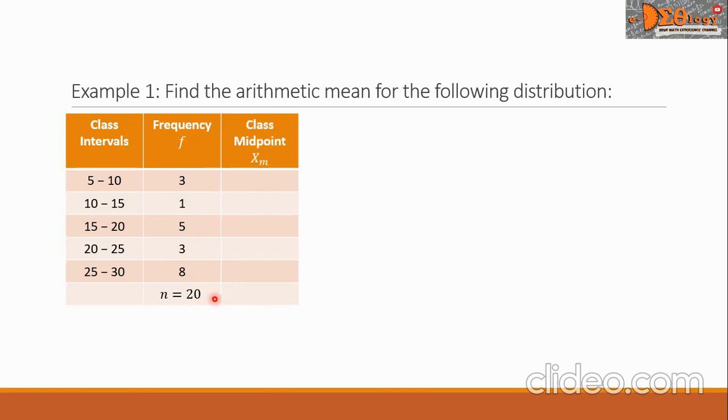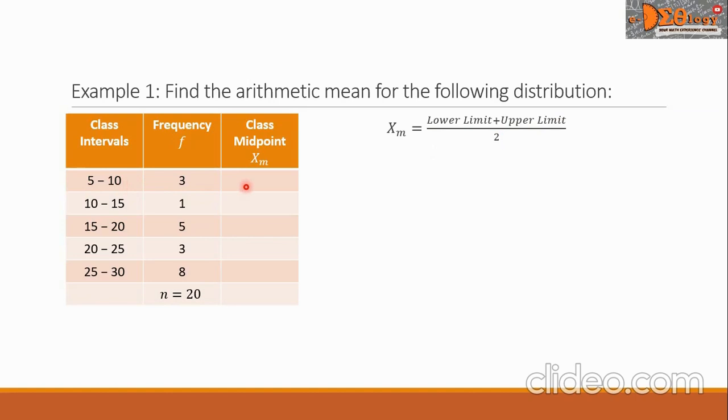After that, we need another column for the class midpoint, and that is the x sub m. The formula for the class midpoint is given here, and this is lower limit plus upper limit over 2. The lower limit and upper limit are the end numbers of corresponding class interval.